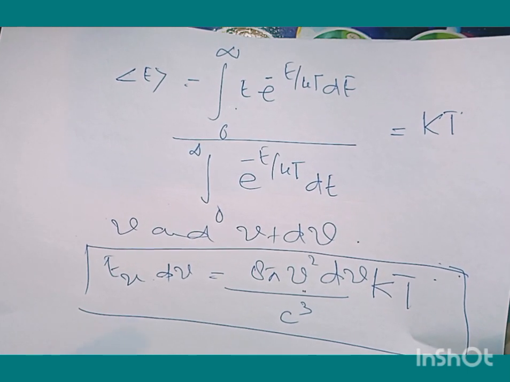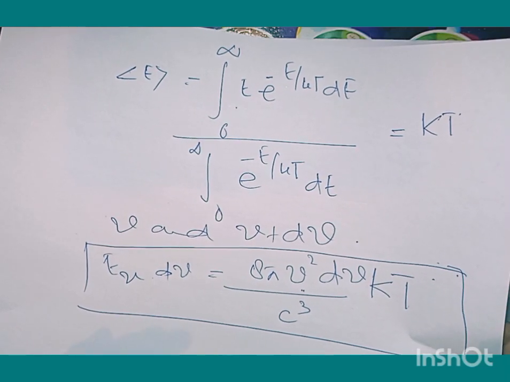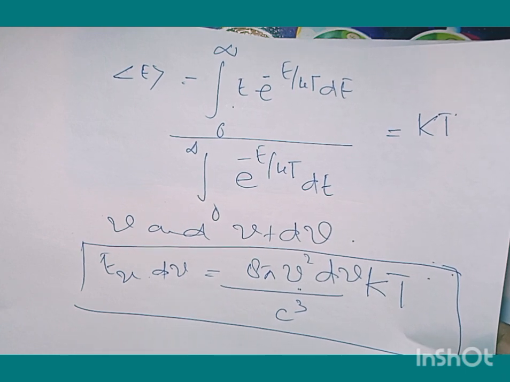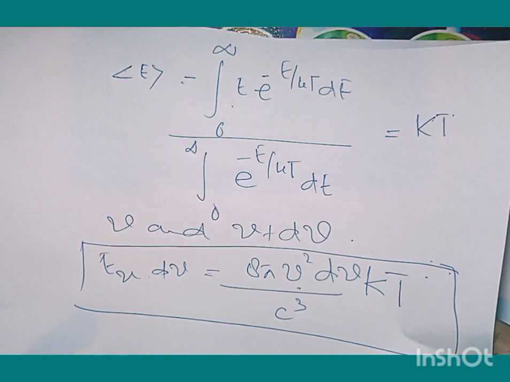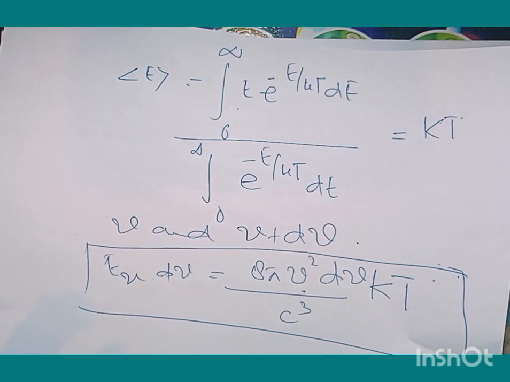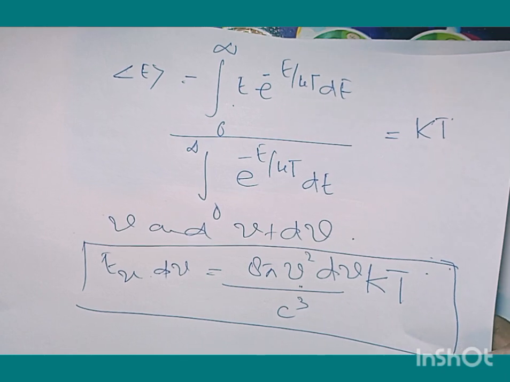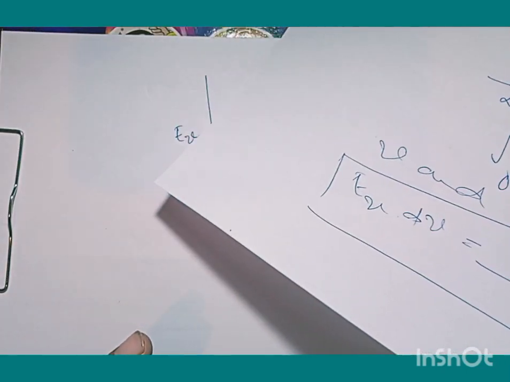So there is a complete disagreement between the theoretically predicted equation and the experimentally observed curve. The experimental curve shows that the energy radiated at a particular temperature becomes zero, both at lower as well as higher frequencies.